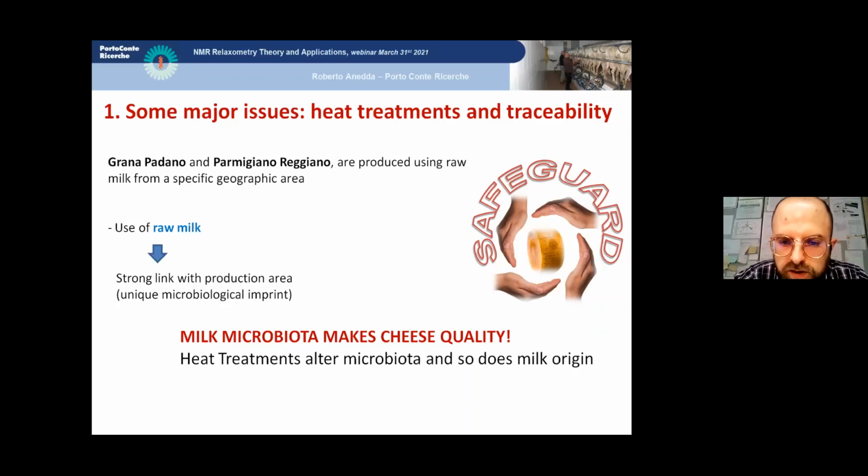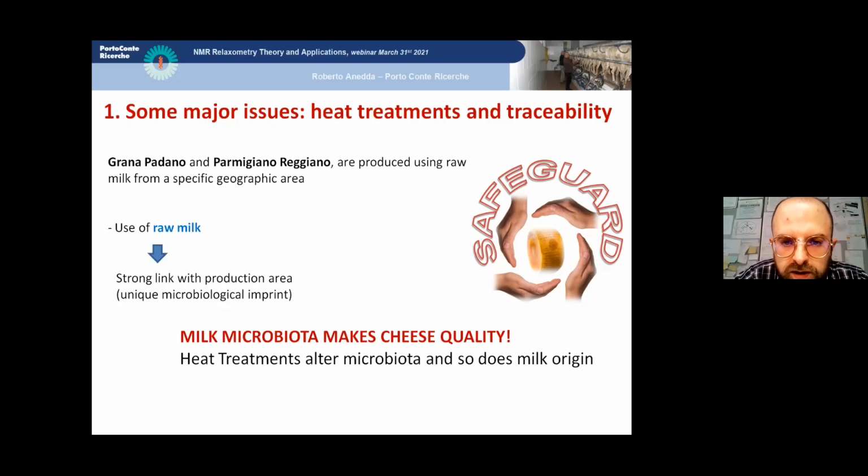For these high quality productions, such as Parmigiano Reggiano, Grana Padano, and Fiorasado cheeses that are produced starting from raw milk, the milk must be raw to preserve all the microbiological richness that comes from the fodder, the cows, the fields, the stables, and so on. The production area gives a microbiological imprint, and each area is unique.